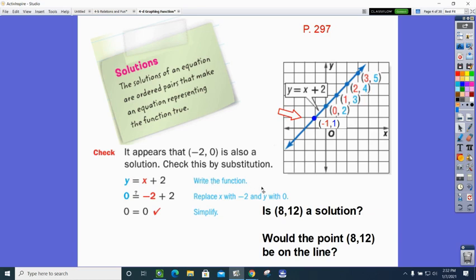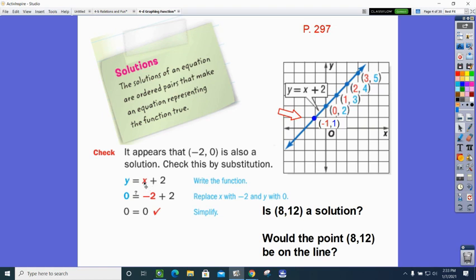So let's do another example. Again, this is not in your book. So would 8, 12 be a point on the line? Is it a solution? Well, I can't see. The line doesn't stretch far enough. So the way I can do this without stretching out my graph is to substitute 8 in for x and 12 in for y, and does the math work?